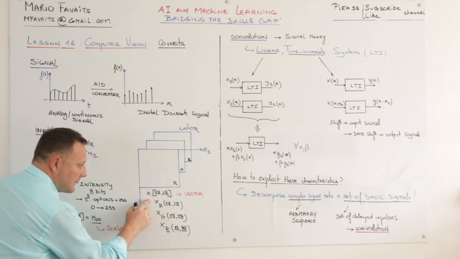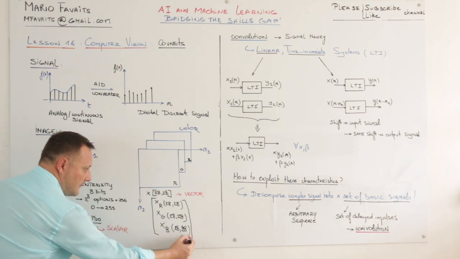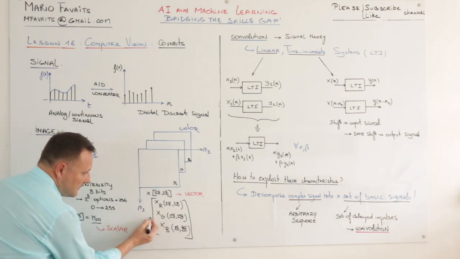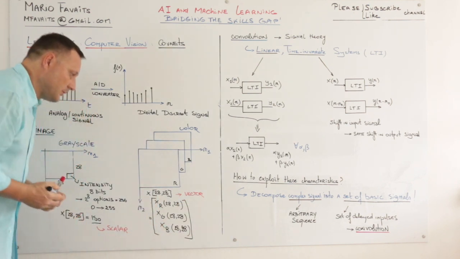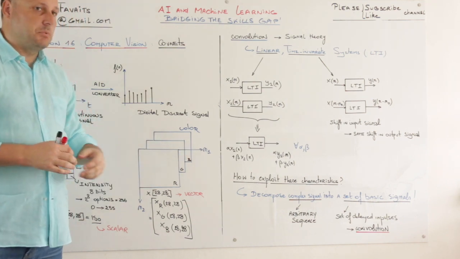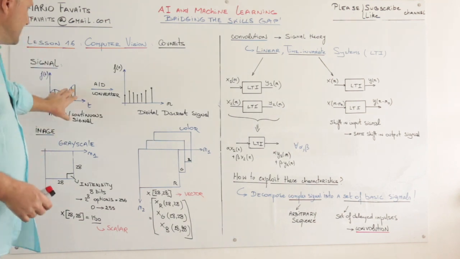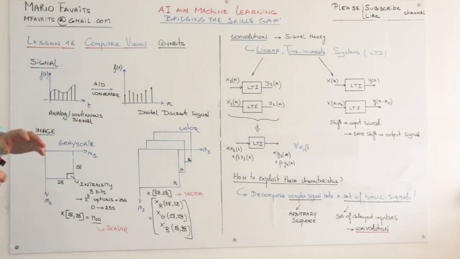And this is actually your vector. So this is equal to x 28, 28, and here you have your 3 channels, red, green, blue. So now we know what a digital discrete signal is, and we know how to represent images.